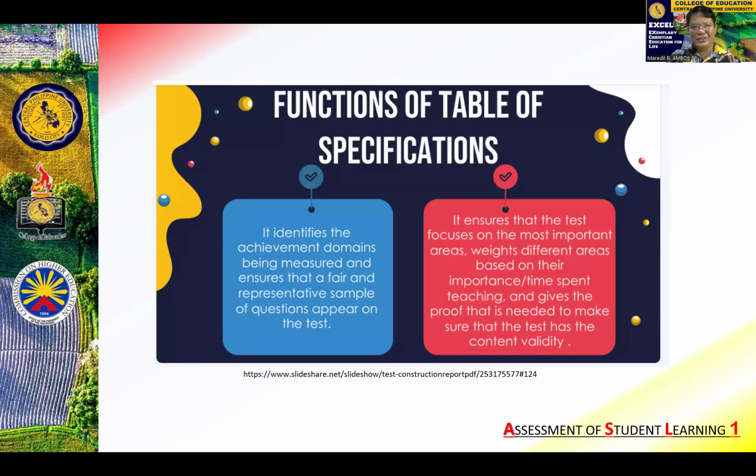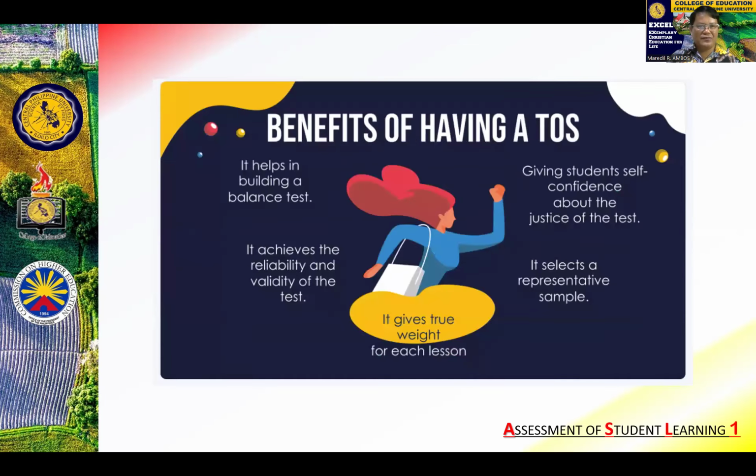So talking of this, we can really see the significance or the importance of the table of specifications based on its functions. Okay, what about the benefits of having a TOS? The first is it helps us build a balanced test. The second is it achieves the reliability and validity of the test.